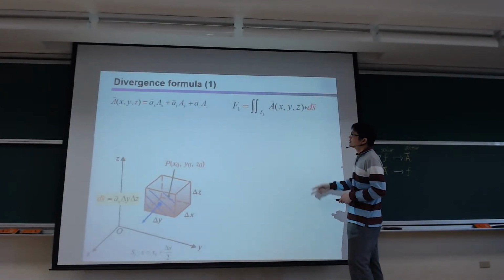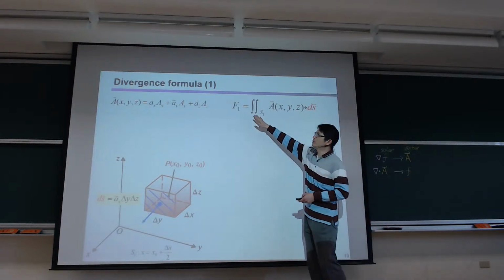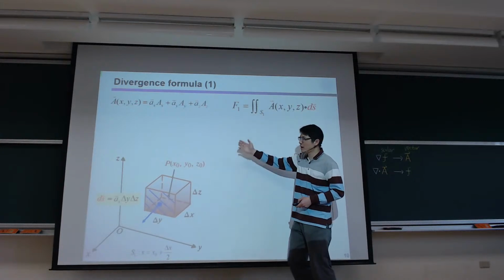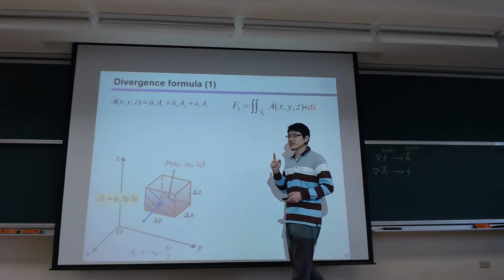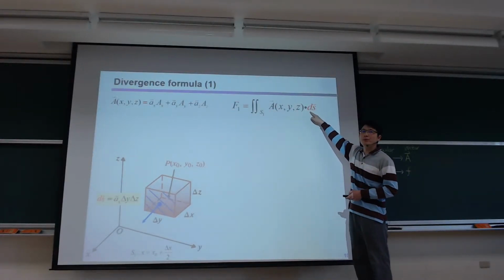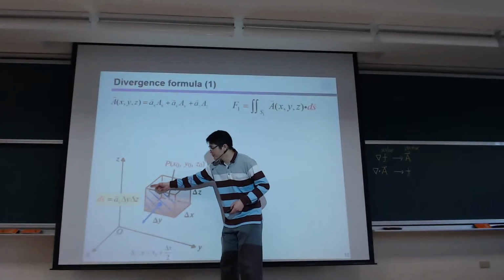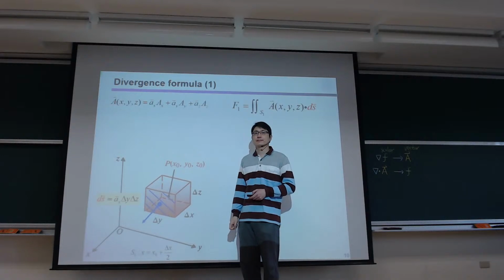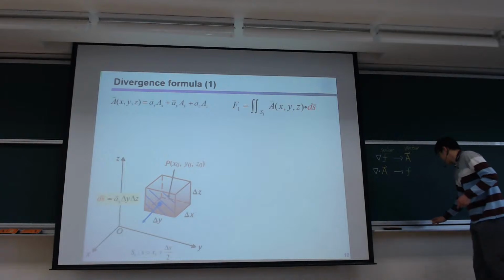Okay? So I want to evaluate the outward flow or flux on this front surface. The first thing you have to ask yourself is how to properly formulate this ds, the differential surface for this front surface. Let me draw a picture for you.